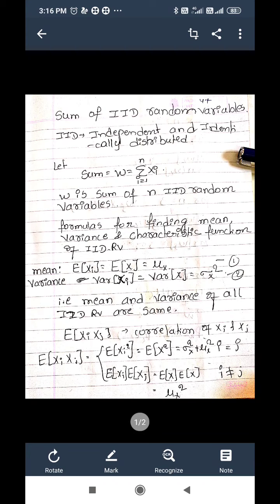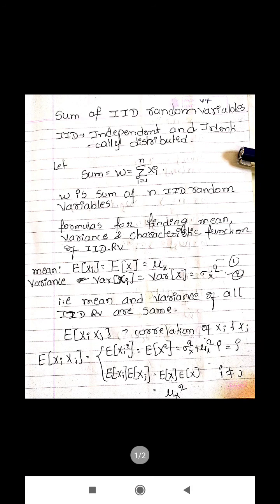Next, variance of Xi. Since all random variables are independent and identical, I can write Xi is equal to the variable X, so the variance is sigma x square. So the mean and variance of all independent and identical random variables are the same: mean is mu x and variance is sigma x square.